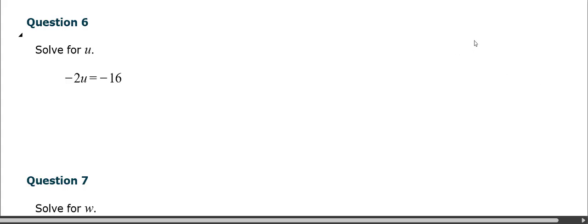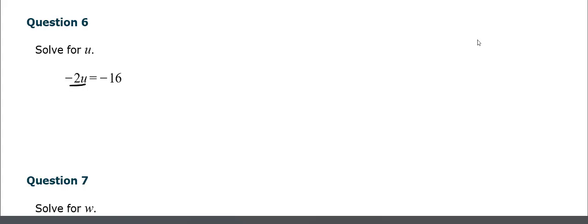My next problem. Solve for u, and I have negative 2u equals negative 16. So again, nothing to do on either side. So I need to turn the coefficient in front of my u from a negative 2 to a positive 1. So I'm going to divide both sides by negative 2 because any number over itself is 1.